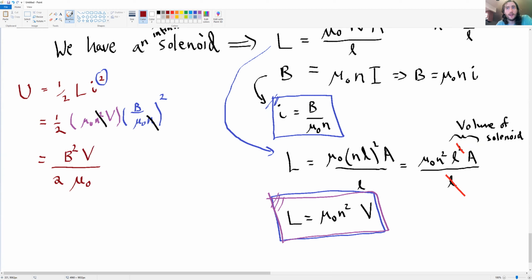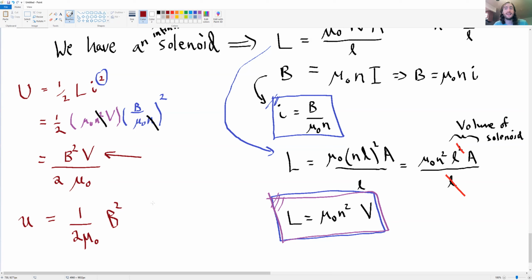And there we go. That is the energy stored in the volume of the solenoid where the magnetic field is. Only in the case of an infinite solenoid can we write this down. However, if we cleverly divide both sides by v, the volume, and we write lowercase u, we can say the energy density stored in the magnetic field anywhere in space is 1 over 2 mu0 b squared.